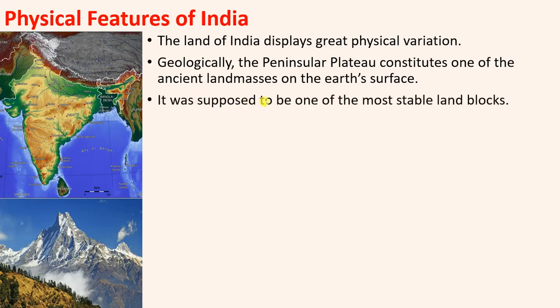It was supposed to be one of the most stable land blocks, as it is part of the oldest landmass, so that way you can understand how stable this land is, existing for so many years.